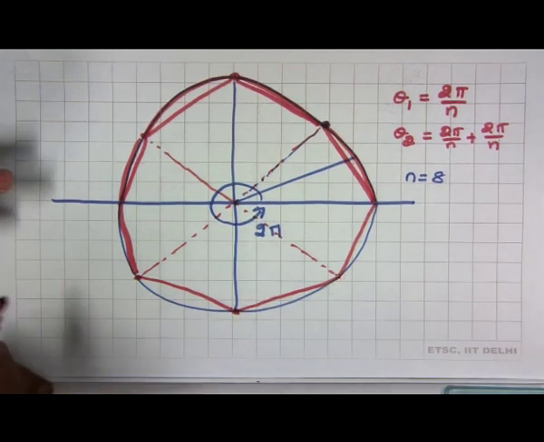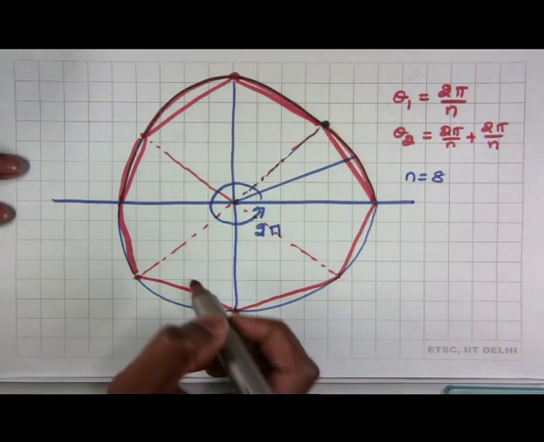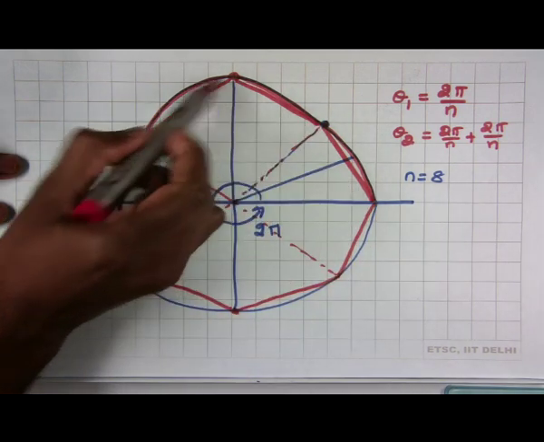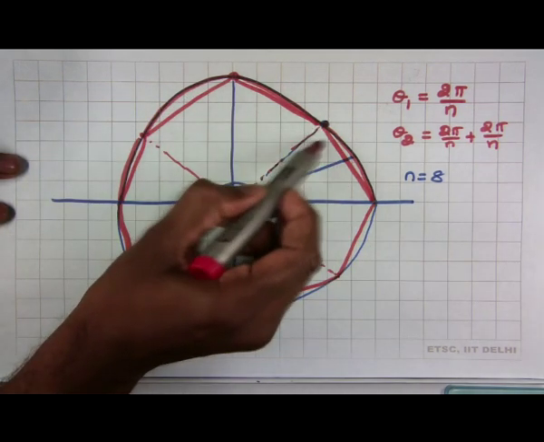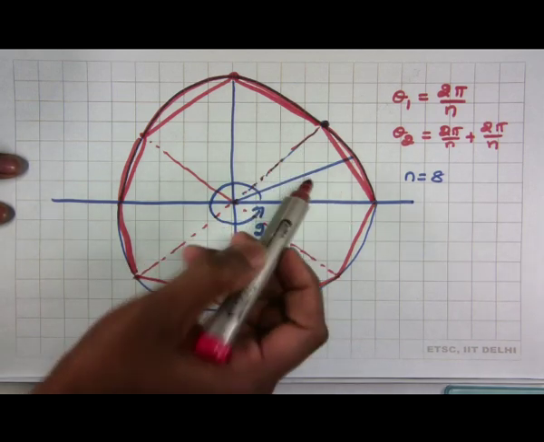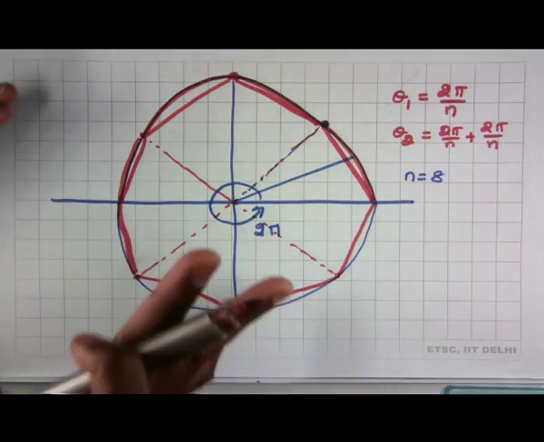Okay. So we see that there are 8 sides for this polygon, and each side is equal and each angle is equal. By definition, what we are getting is a regular polygon if we place it on the nth roots of unity.